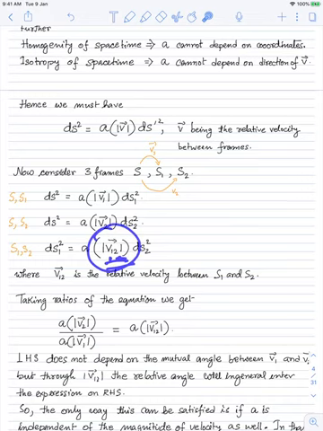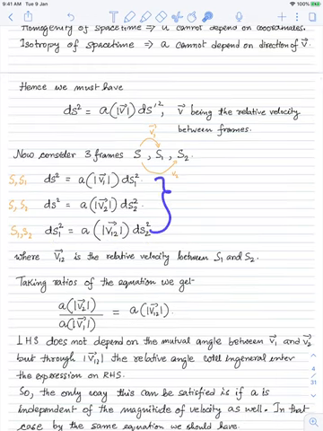For instance, even if they just added, this magnitude is going to depend on the relative angle between V1 and V2. So this object here is the transformation of the interval between S1 and S2, proportional to the magnitude of the relative velocity between S1 and S2.